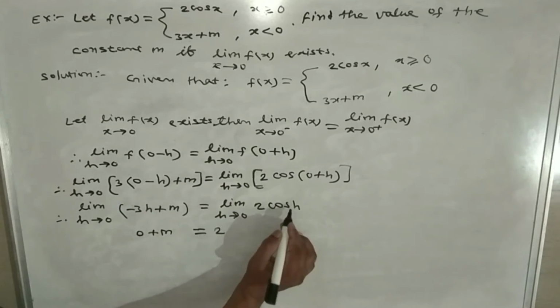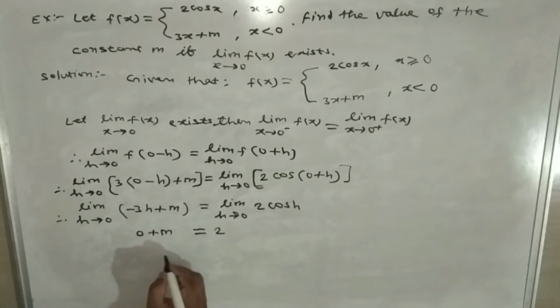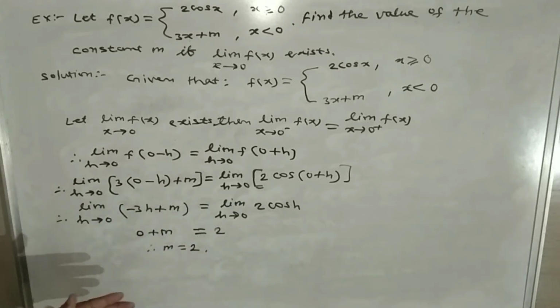So cos 0 is 1, 1 into 2 is 2. So what we get? We get m is equal to 2. Now we have found the value of the constant m. Now let's see the next example.